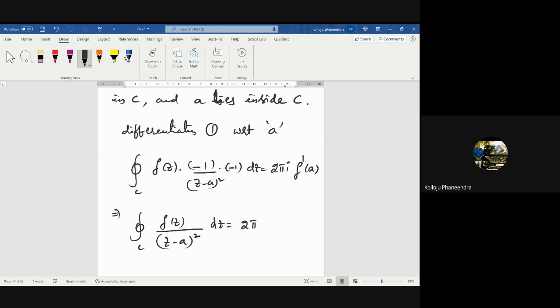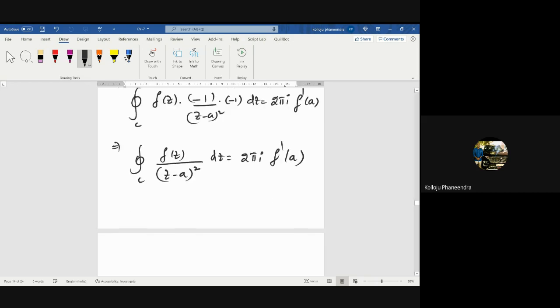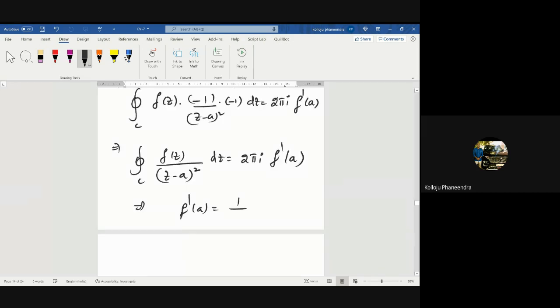This implies the derivative formula: F dash A equals 1 by 2 pi I integral over C F of Z by Z minus A whole square dz.